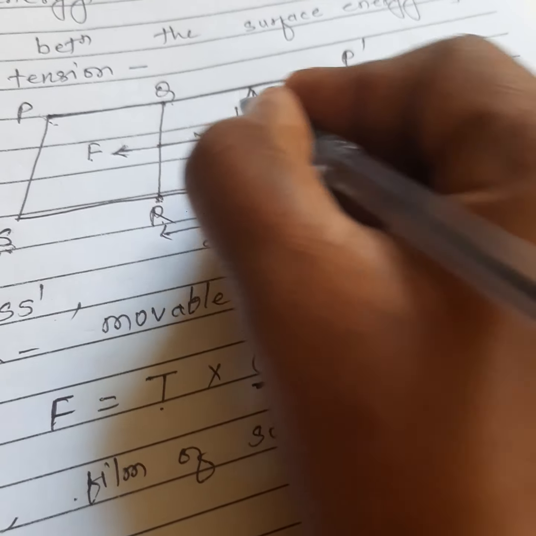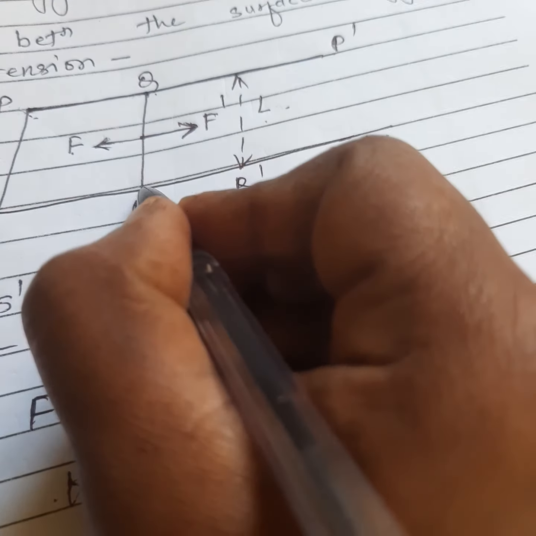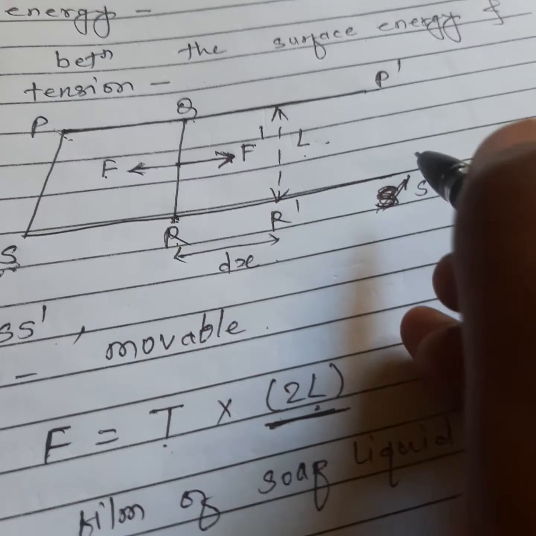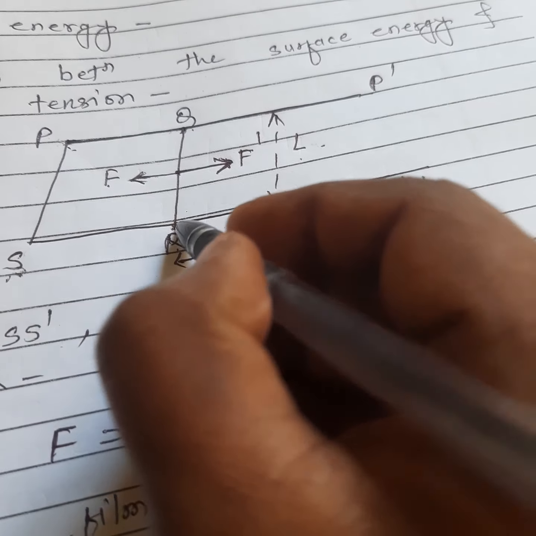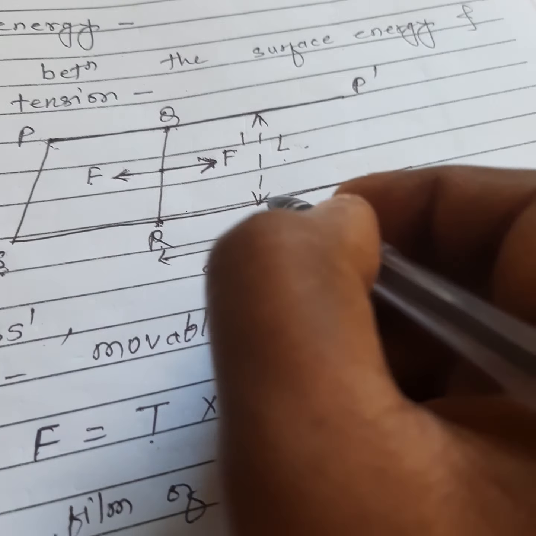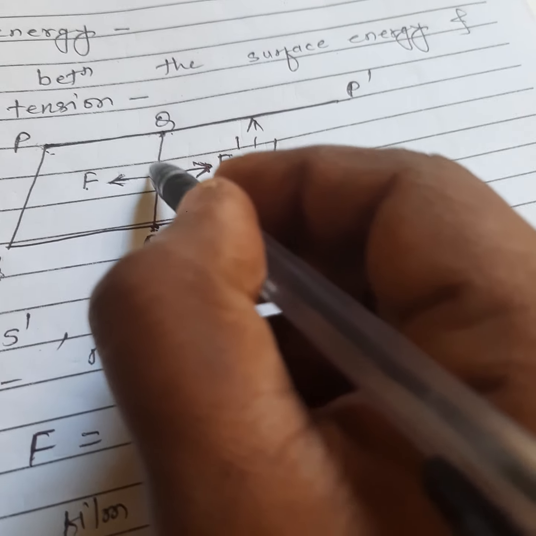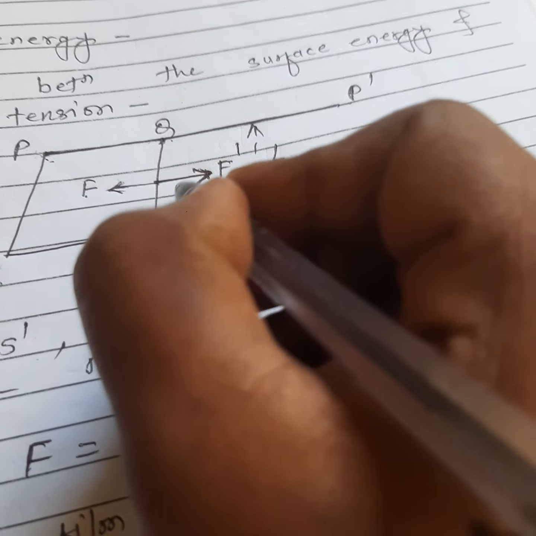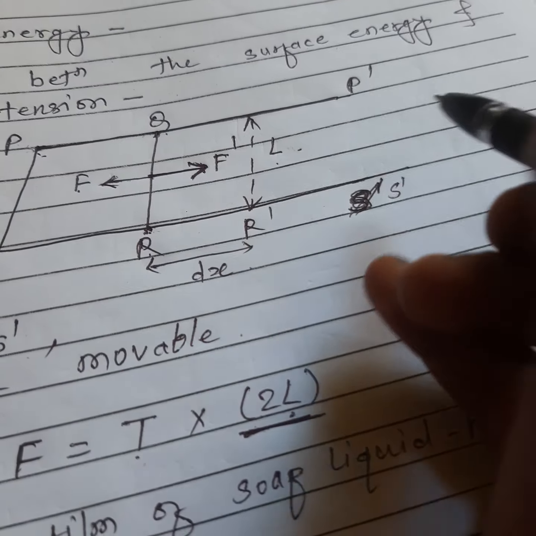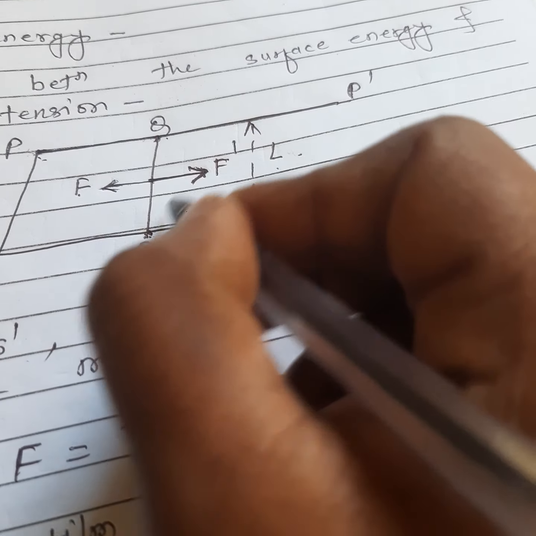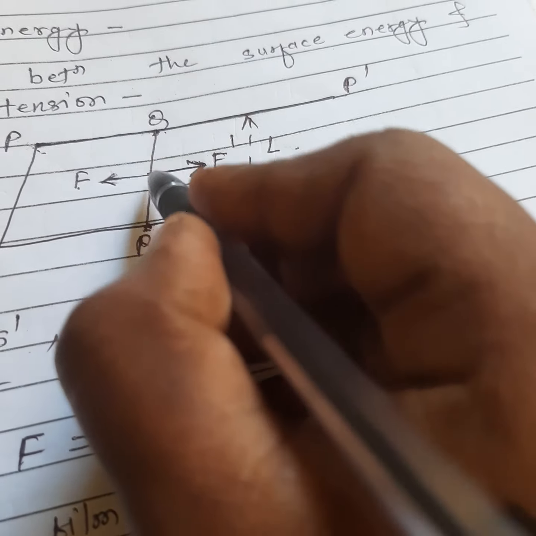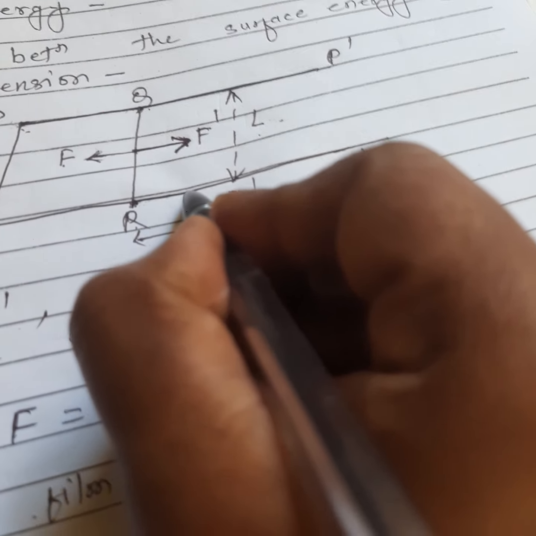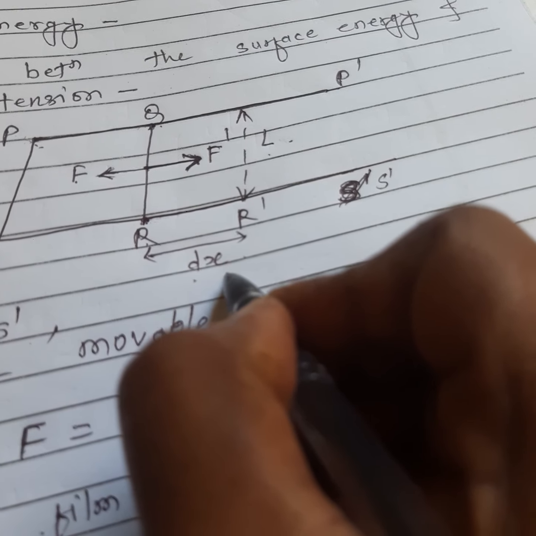That is F dash is exerted on this arm QR, so that this arm QR is pulled away from this soap film and work has to be done by this force, and now the QR arm gets moved through distance dx.